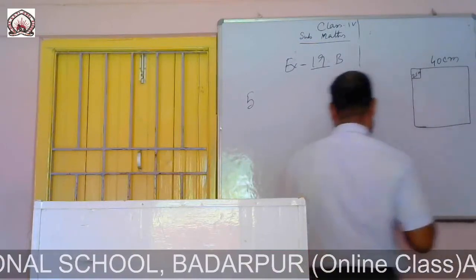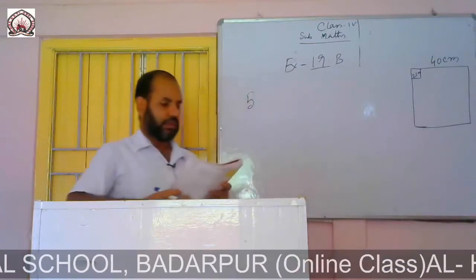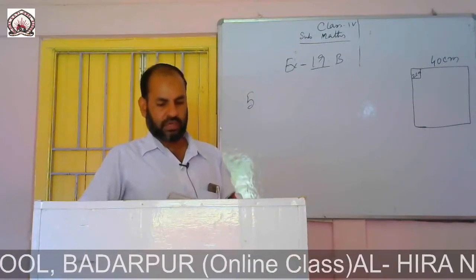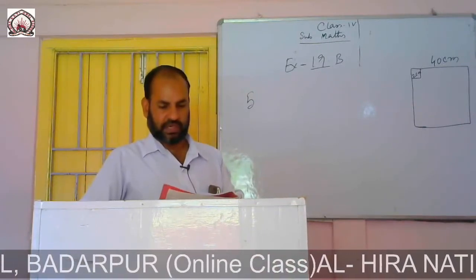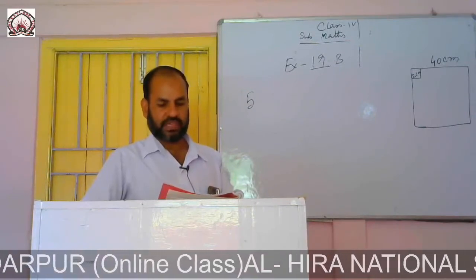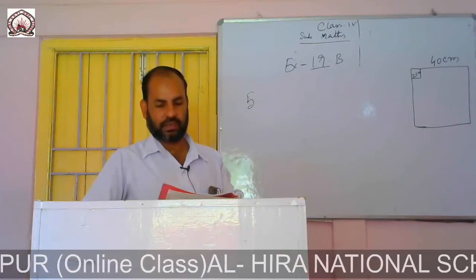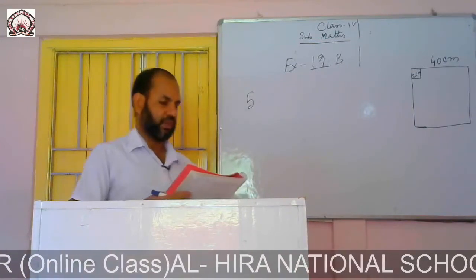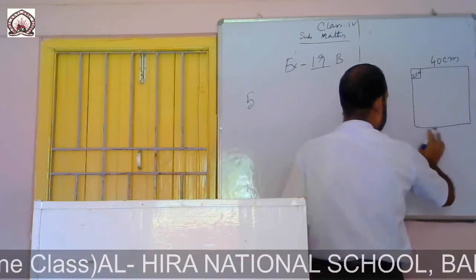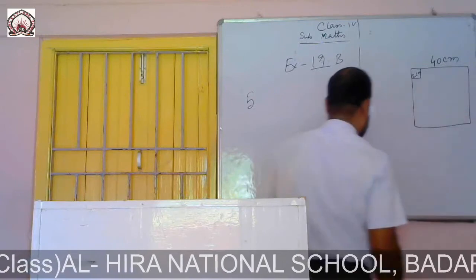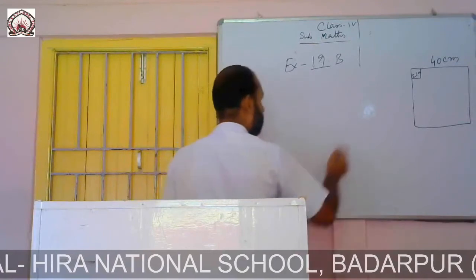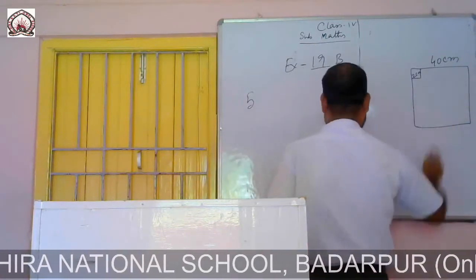So here it says each side of a square piece of cardboard is 40 centimeter. What is the area of the cardboard? How many square pieces of side 2 centimeter can be cut out of it? So first we take out the full area of the cardboard. The shape of this cardboard is square.